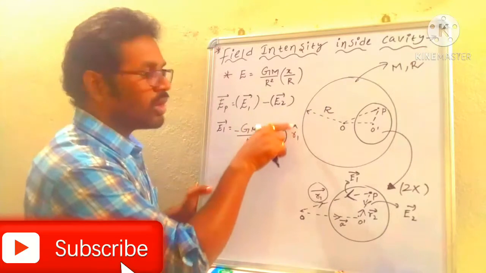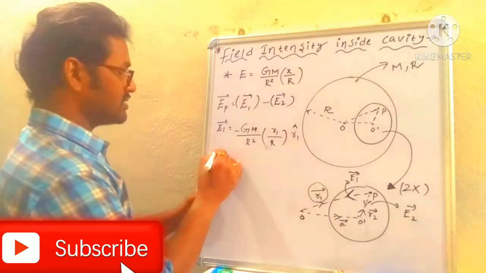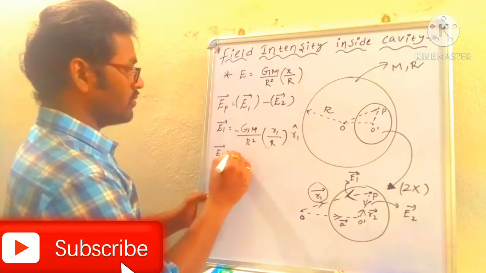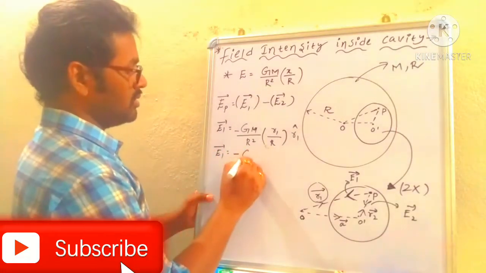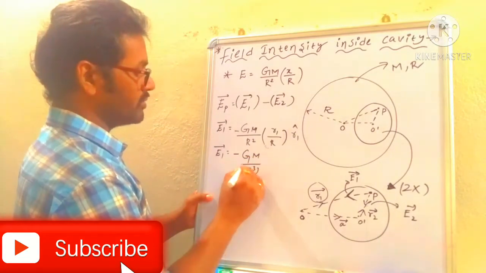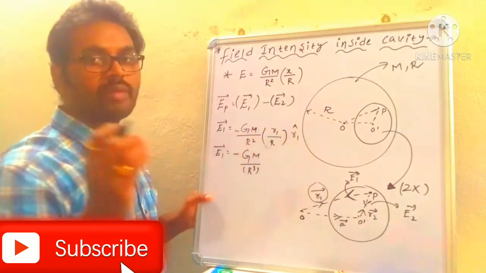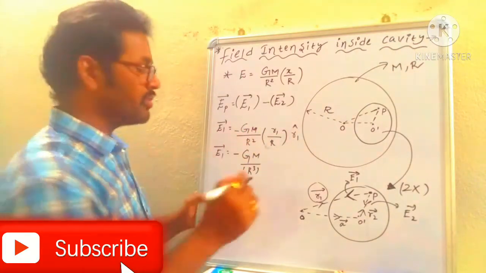So R1 into R1 cap comes as R1 bar. So change this as E1 bar equals minus G M divided by R cube, so R square into R cube, and R1 into R1 cap comes as R1 bar.